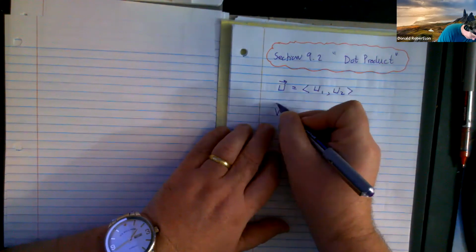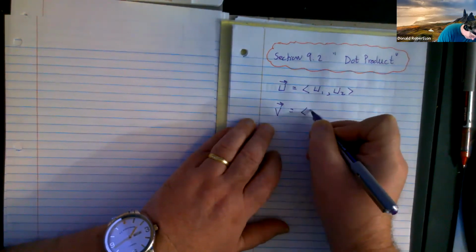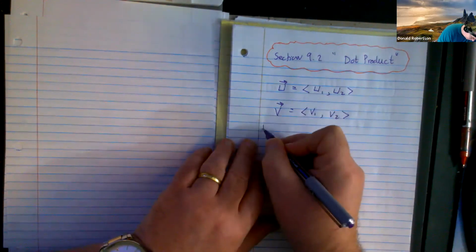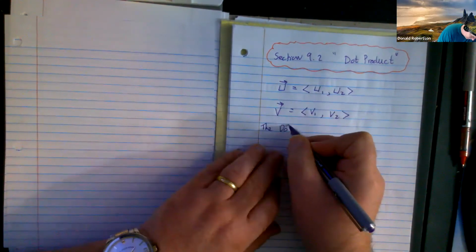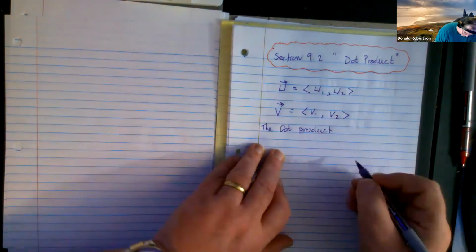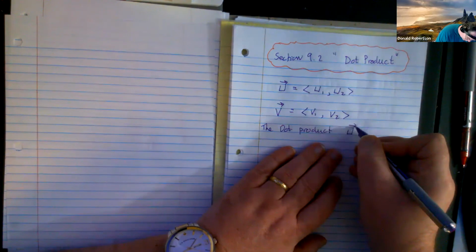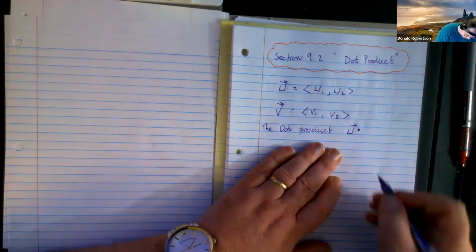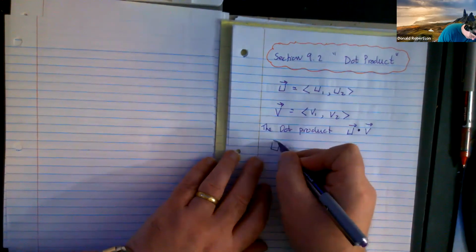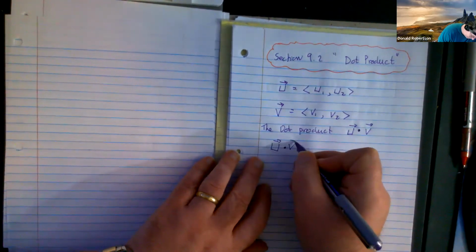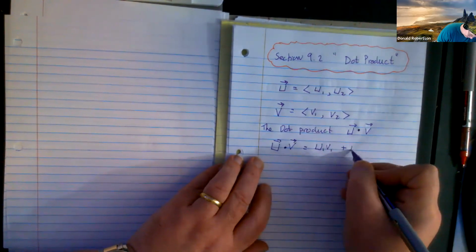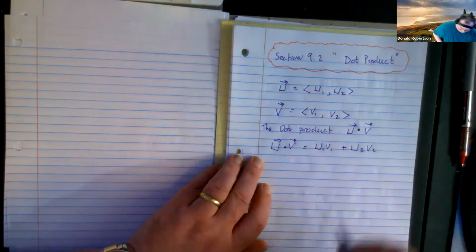And I've got a second vector v, and it's going to have components v1 and v2. The dot product, written down as u, big noticeable dot v, is given by this formula: u1 v1 add u2 v2.